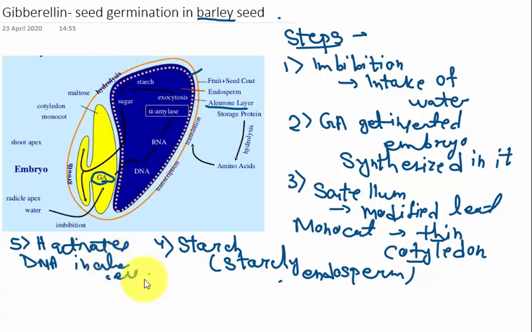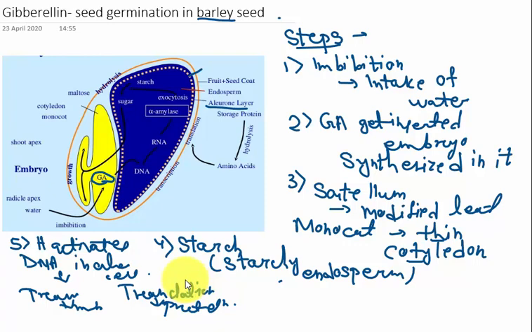In turn, there will be transcription, that is the formation of mRNA, and translation, that is the formation of proteins. In the next step, as the result of transcription and translation, the cells are induced to synthesize and secrete a hydrolytic enzyme called alpha amylase.